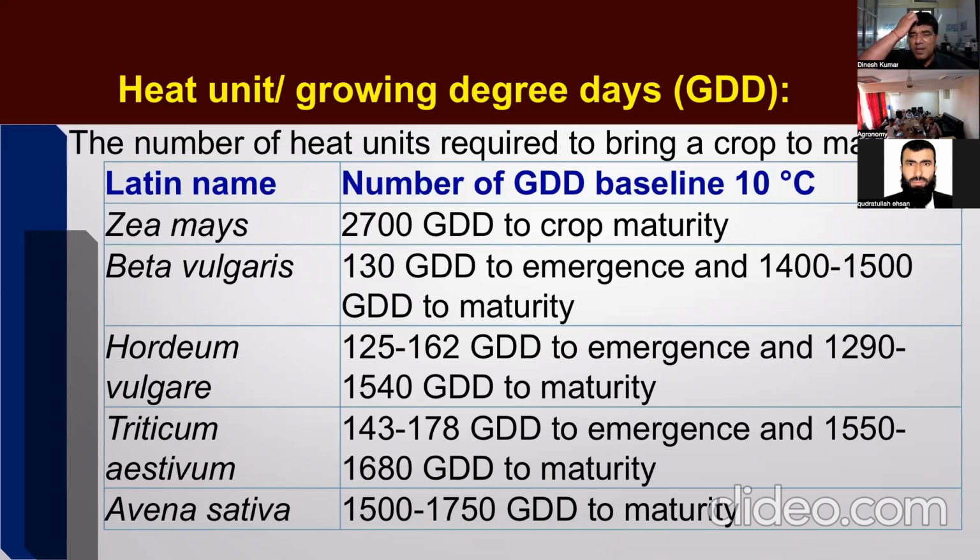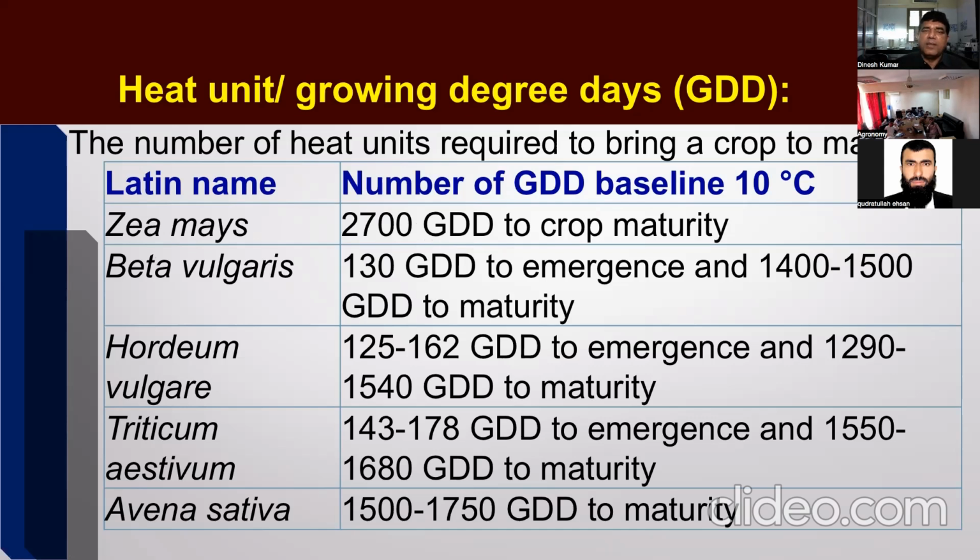But you can see the total requirement of growing degree days. The number of growing degree days, with a baseline of 10 degrees centigrade temperature. For example, for maize, it is 2700 growing degree days to crop maturity. This means during the whole life cycle, maize requires 2700 growing degree days of temperature.